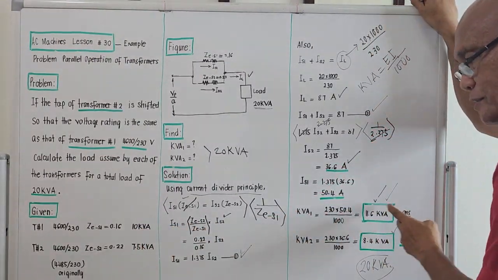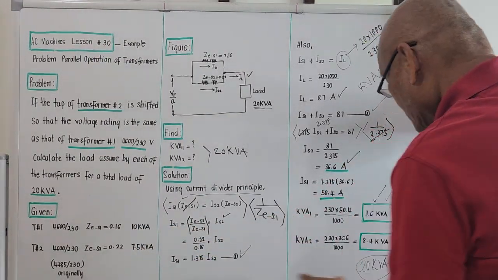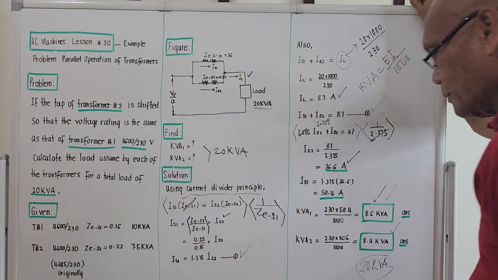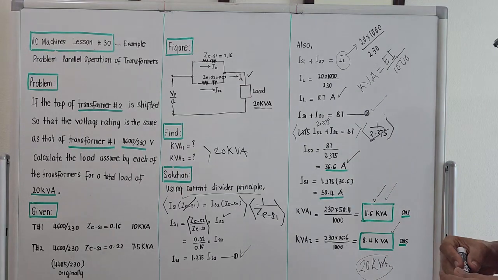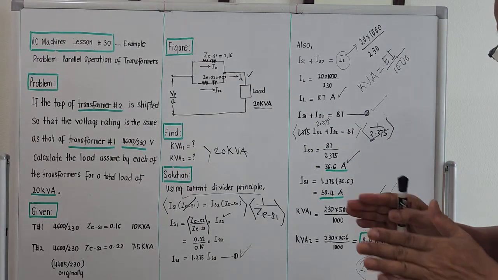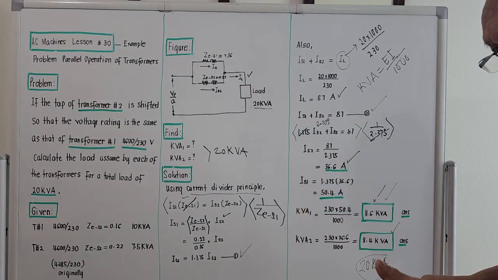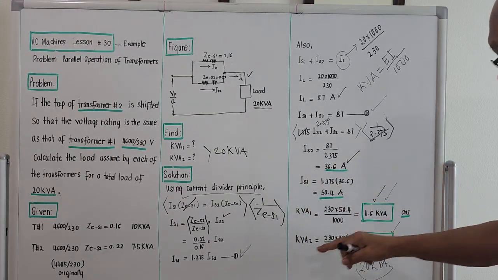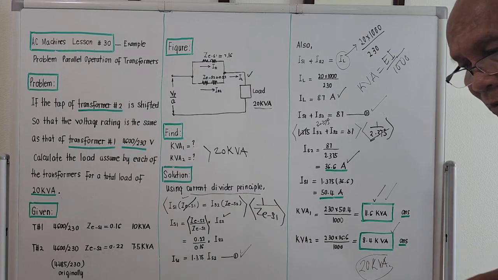This is 11.6, this is 7.5, and this is 8.4. The overload is not so much, so it's just fine. But the main concern of the problem is how much is the load carried by each of the transformers. Okay, number 1, it is 11.6. Number 2, it is 8.4.